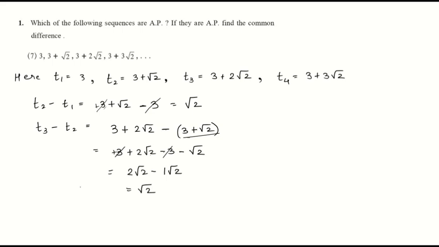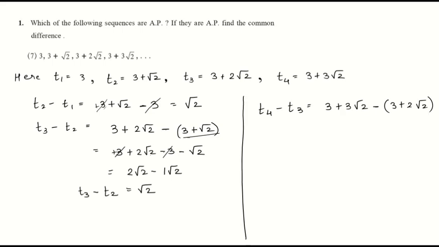So again we got t3 minus t2 as root 2. And now we have t4 minus t3.